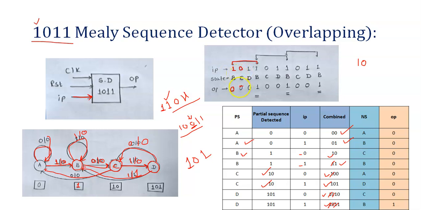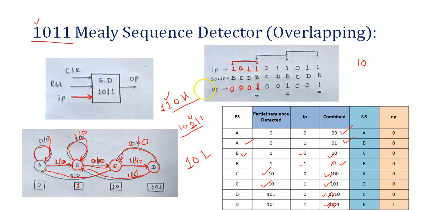No, that's why output will be 0. I have given a third bit as 1. Still it is not a sequence because the sequence is 1011, and that's why output will be 0. Now consecutive 1011 you are getting over here, meaning the sequence should be detected here, and that's why output is 1 at this point.